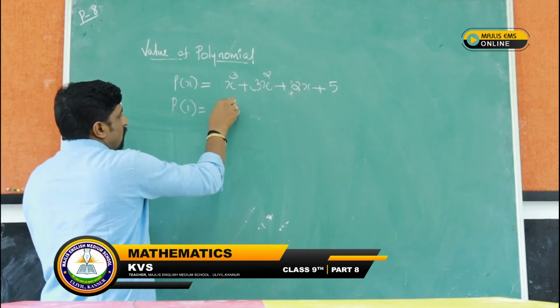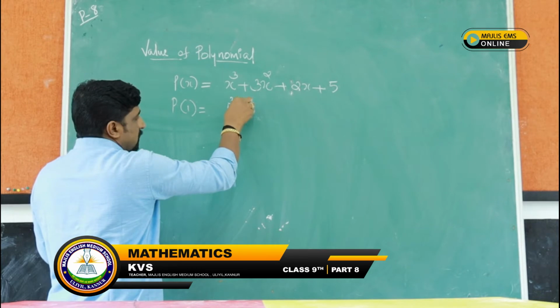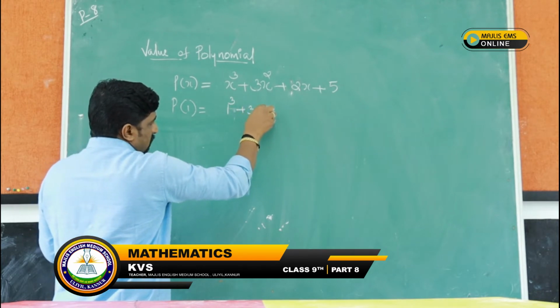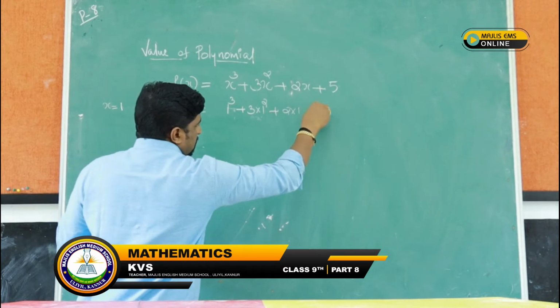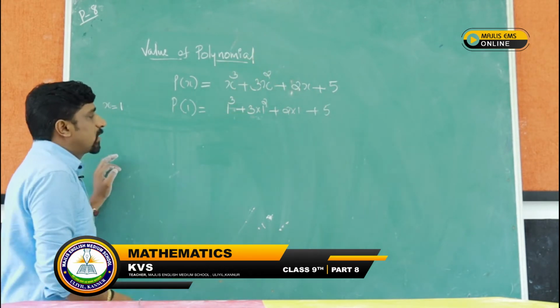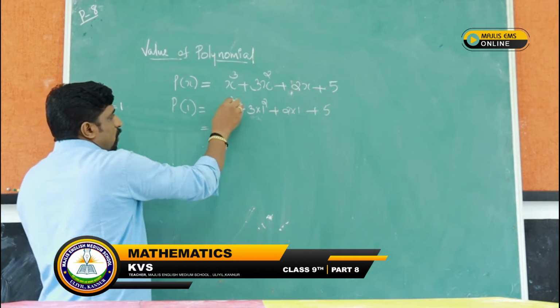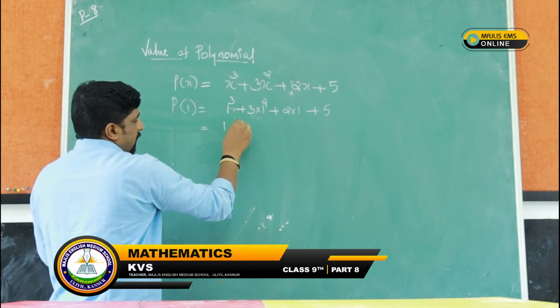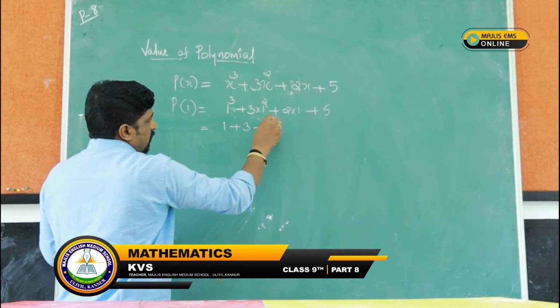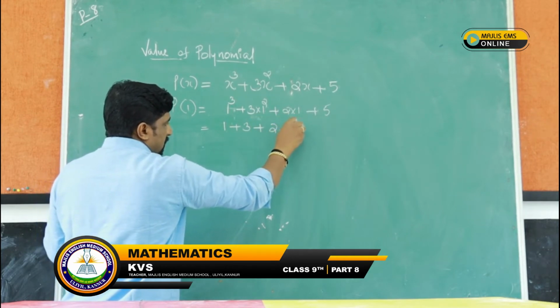P of 1 means 1 cube plus 3 into 1 square plus 2 into 1 plus 5. 1 cube is 1, 1 square is 1, 1 into 3 is 3, plus 2 into 1 is 2, plus 5.